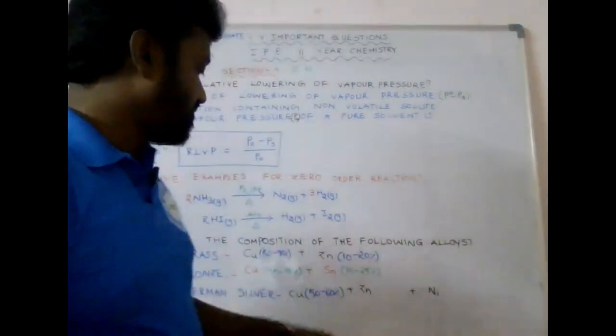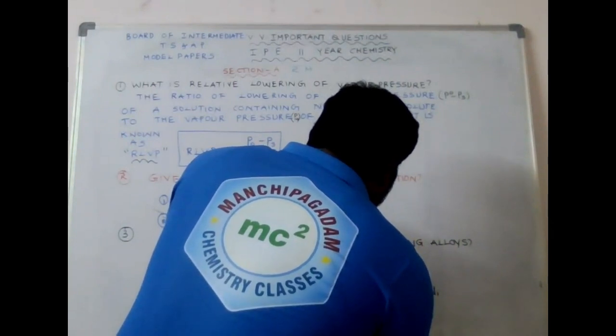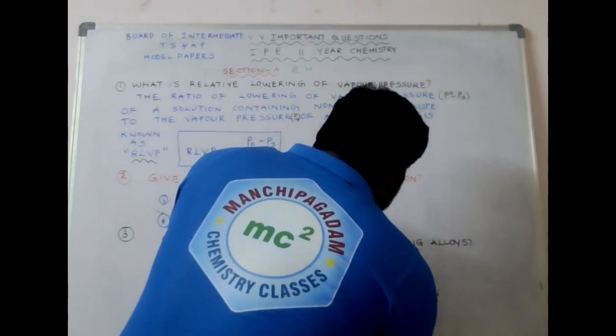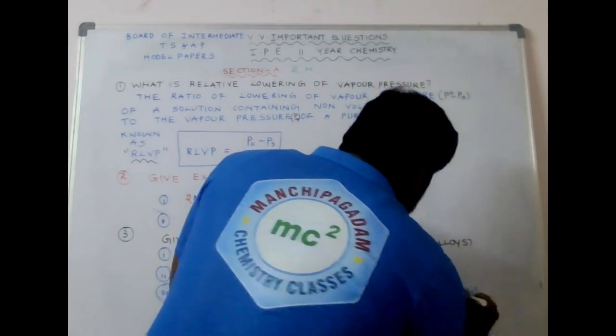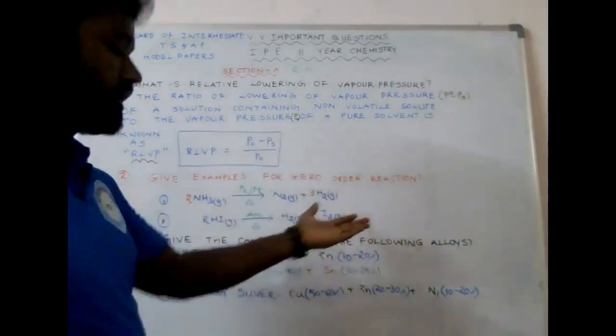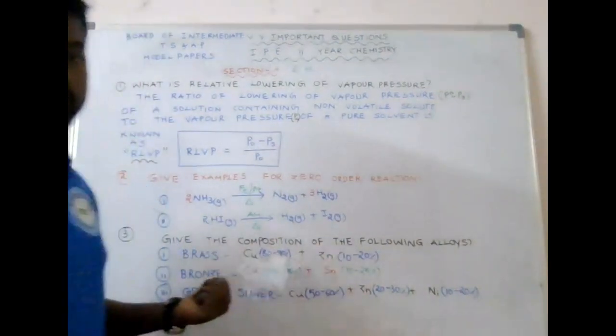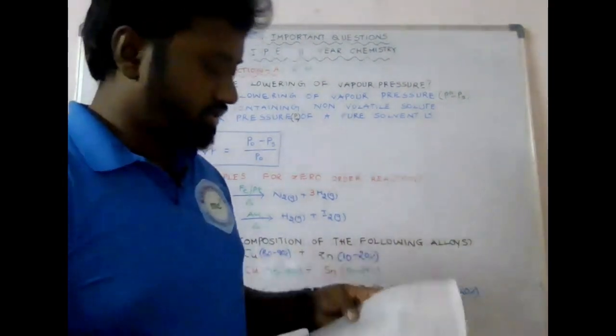You have to memorize them. 50 to 60. Zinc 20 to 30%, and nickel 10 to 20%. You have to practice it. You have to memorize it. Okay. Give the composition of the following alloys: brass, bronze, and German silver. So these are the composition percentages which are present in the different types of alloys.